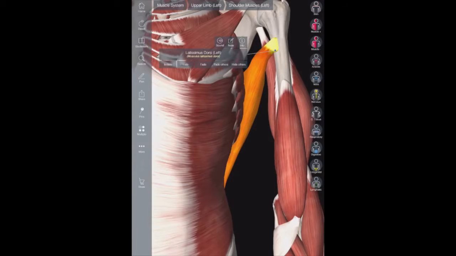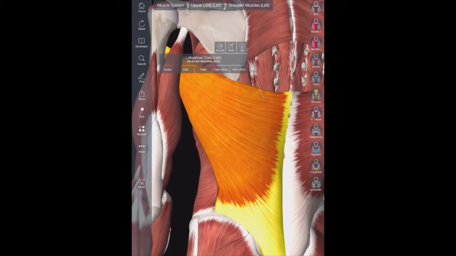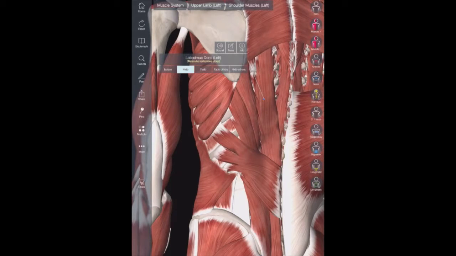So again, even though it's from the back, it actually goes around to the front of the humerus. So let's hide that. Now these two muscles that we've been looking at are part of the extrinsic muscles or hypaxial muscles, and they're part of the superficial group.